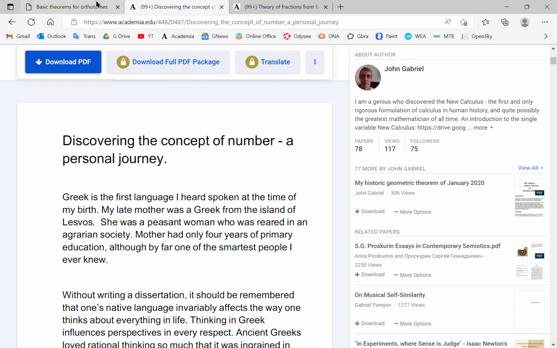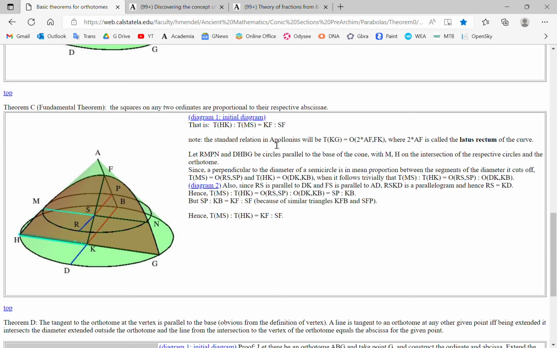Now, coming back to proposition 3, it will seem strange initially, because we're actually measuring from the top downwards.